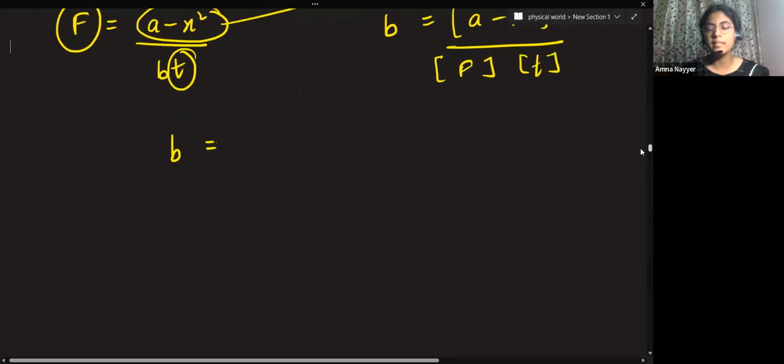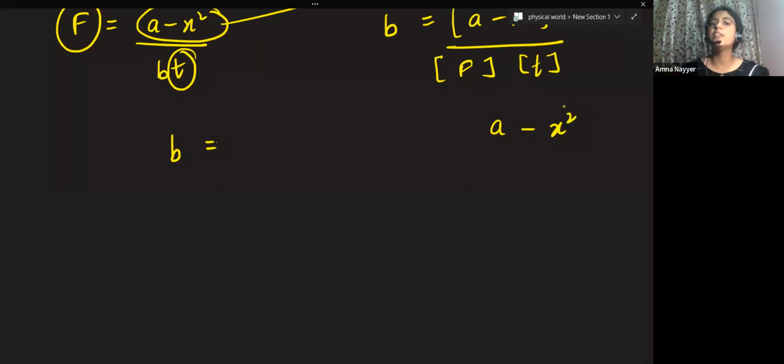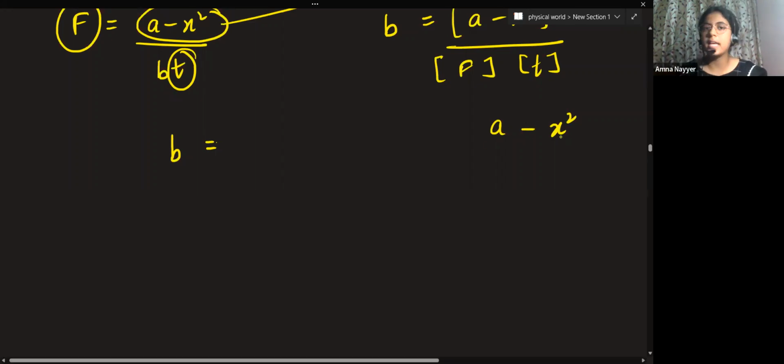Carefully listen. If you have any doubts, you can ask me to repeat n number of times. It's okay. A minus x square you have. If I say 5 meters minus 2 meters, what result am I getting? 3 meters.